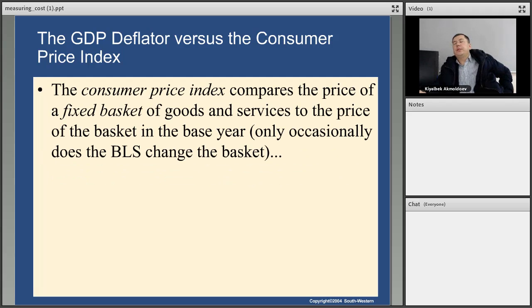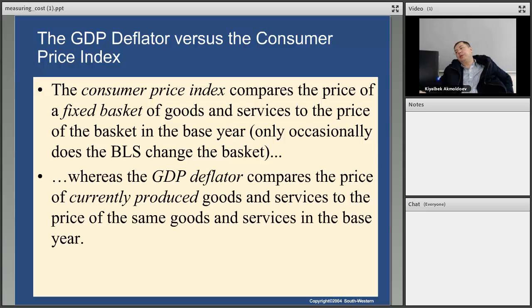There is no restriction in CPI. Consumer Price Index compares the price of a basket of goods and services to the price of the basket in the base year. So only occasionally does the BLS change the basket.